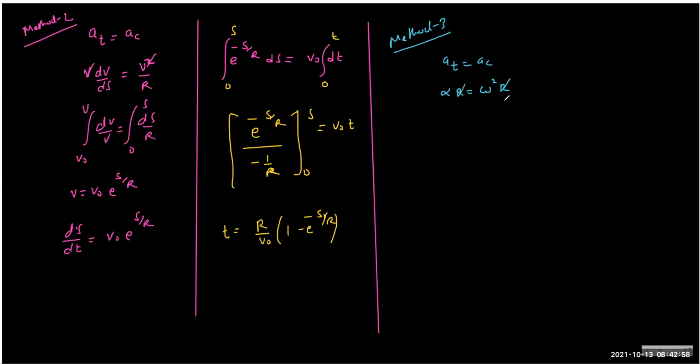That's interesting. And then alpha and omega we can relate. So this is omega d omega by d theta. So we can write 0 to theta because you start from this. So instead of v naught, we have this one.